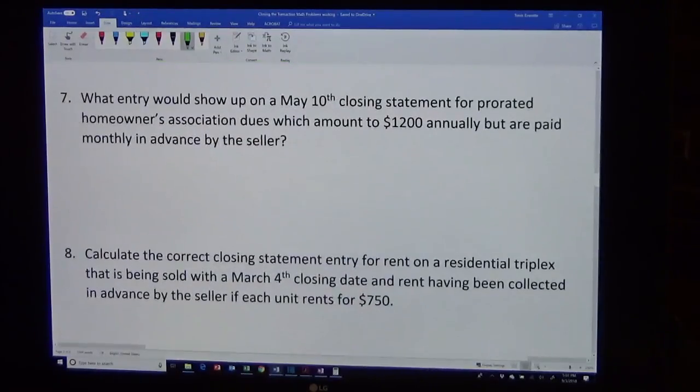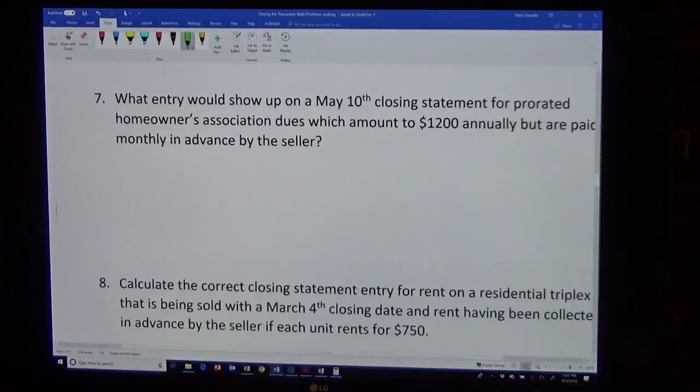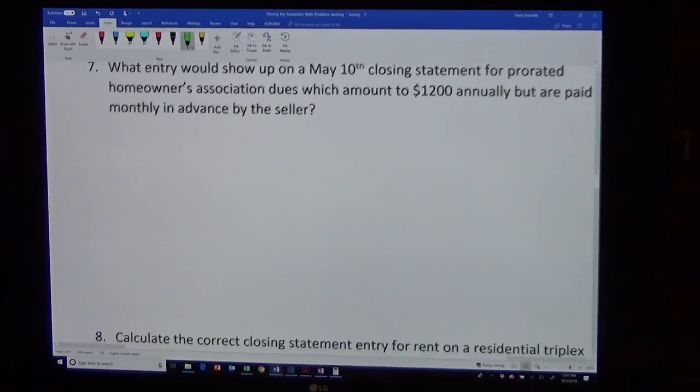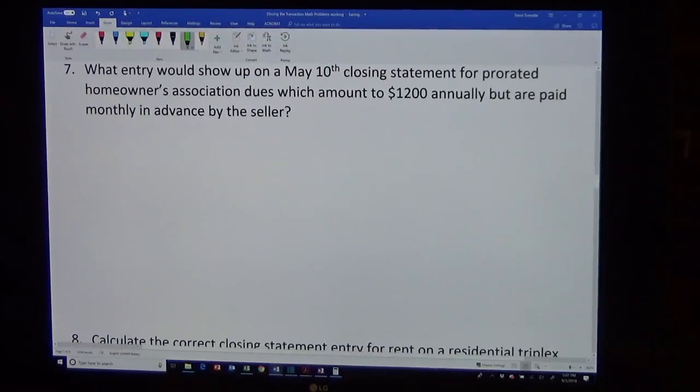Okay. Number 7, what entry would show up on a May 10 closing statement for prorated homeowners association dues, which amount to $1,200 annually, but are paid monthly in advance by the seller? So, here's the thing. They're $1,200 annually, but they're paid monthly.